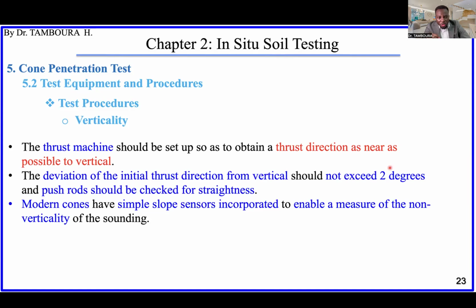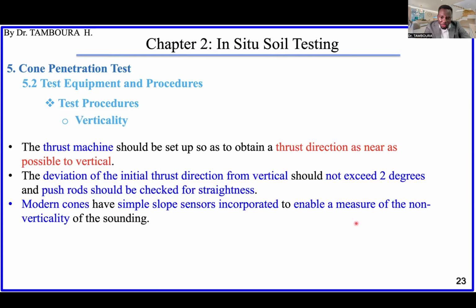Okay. We have modern cones that have simple slope sensors that give us the inclination at any time. In the cone, we can put inclination sensors to obtain the inclination and check if it is out of 2 degrees or not.